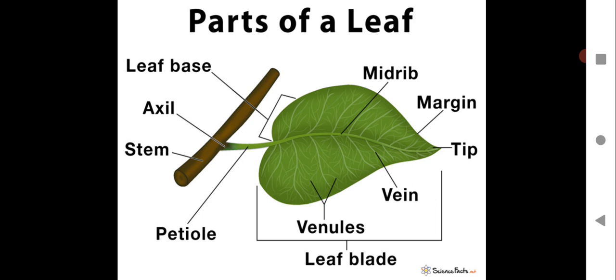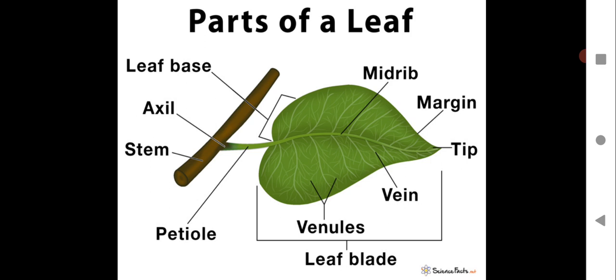As we have veins in our body to carry blood, similarly leaves have veins to transport water and minerals. And again, the tiny structures which you can see attached to the veins are called venules, and the entire part you can see labeled as leaf blade.